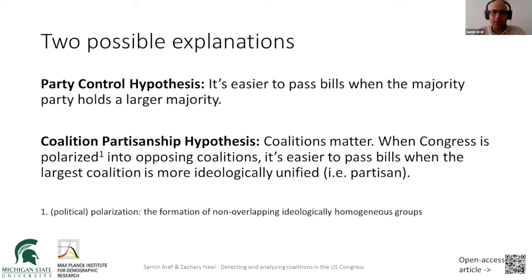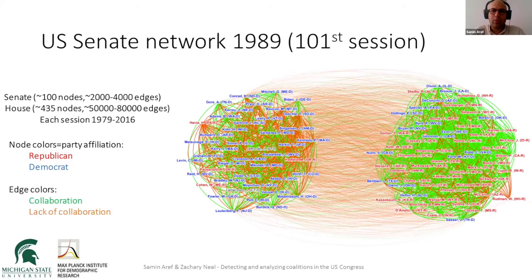And the second hypothesis says that it's the coalitions that matter. And when the Congress is polarized into different opposing coalitions, it should be easier to pass bills when the largest coalition or the controlling coalition is more ideologically unified. All right, so these are the types of networks that we use in this study.